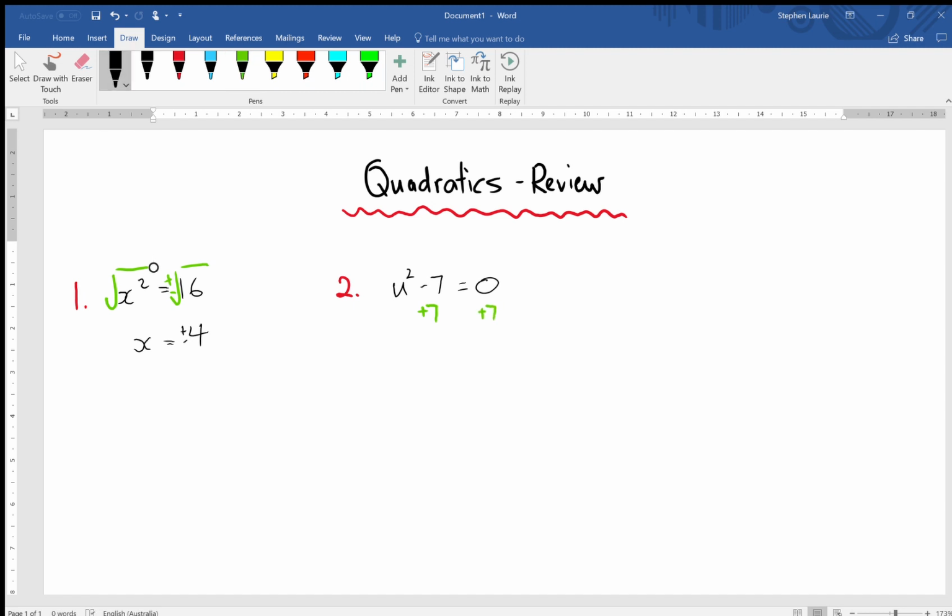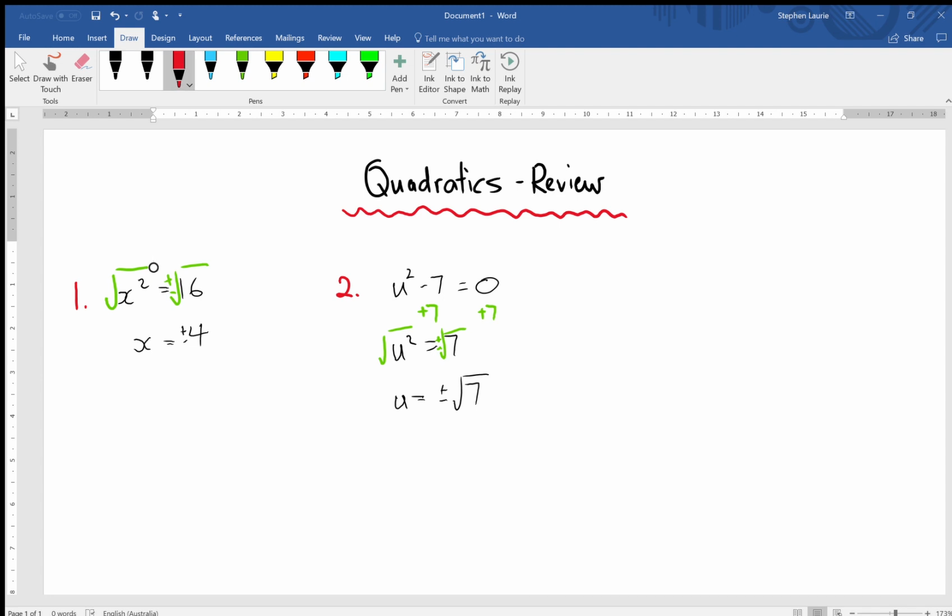Okay, so we're trying to solve for u, so we want to get u by itself on the left. So I've moved that 7 over, and now we want to take the square root of both sides, plus or minus the square root. And so our answer is plus or minus the square root of 7. You should know from your surd topic now that that's something that can't be simplified.